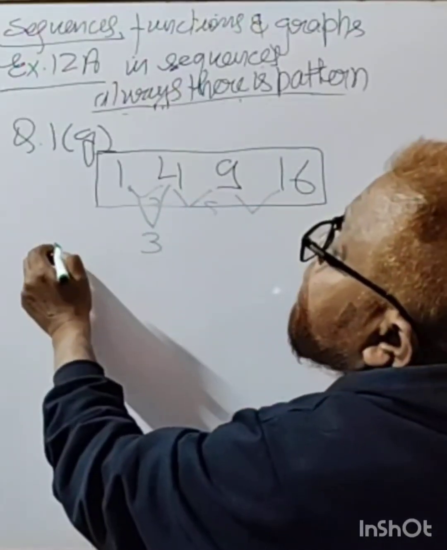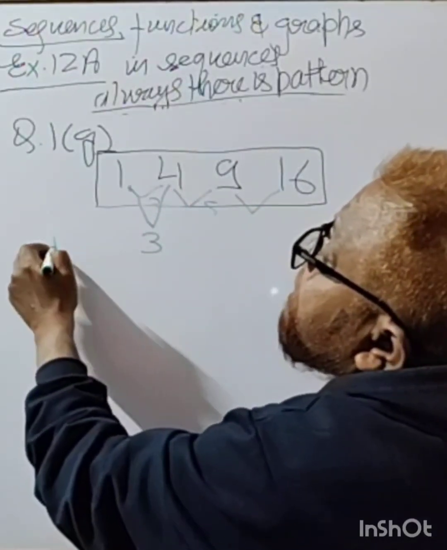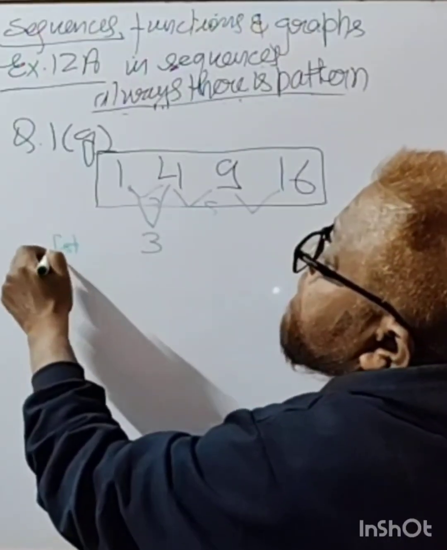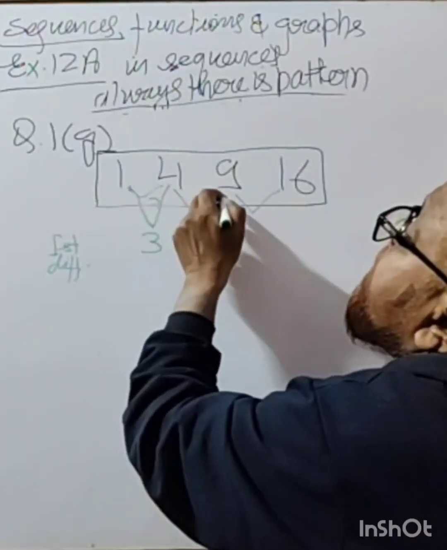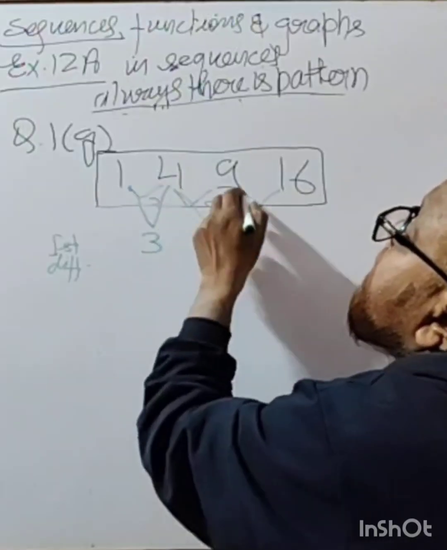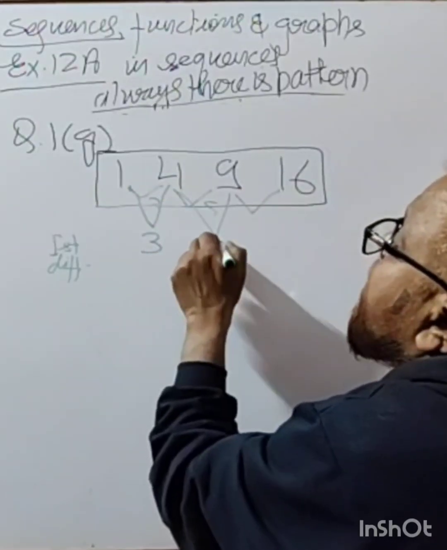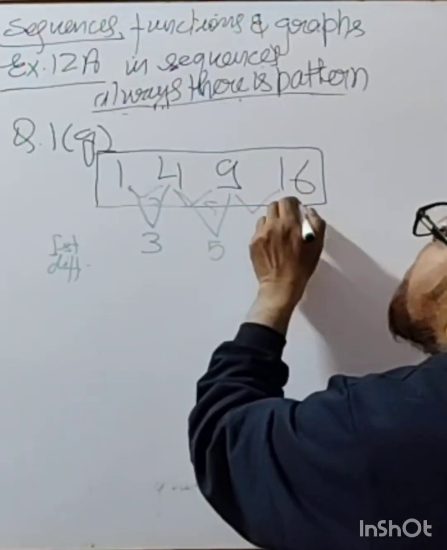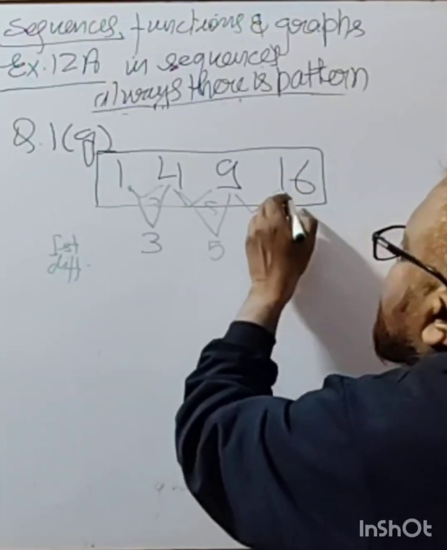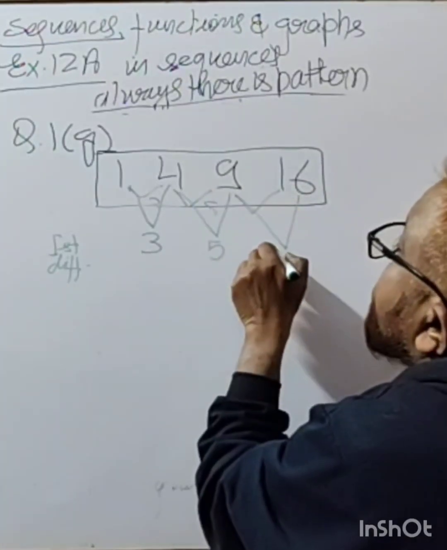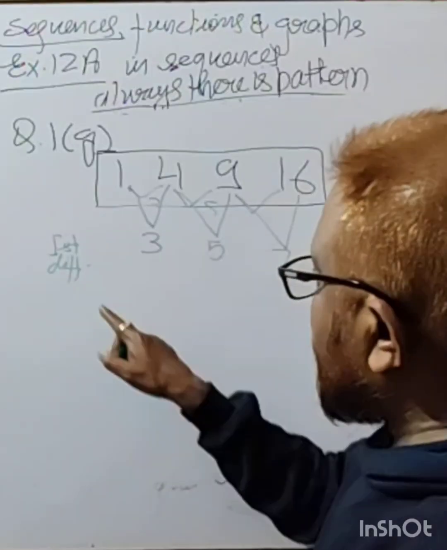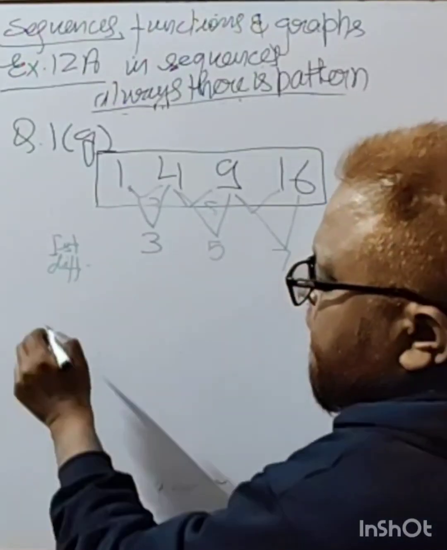This is the first difference. This is 9 minus 4 becomes 5. And this is 16 minus 9 becomes 7. This is the first difference. Right?